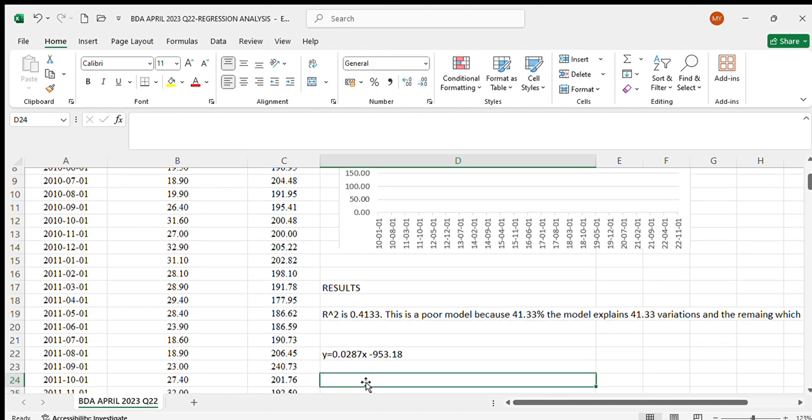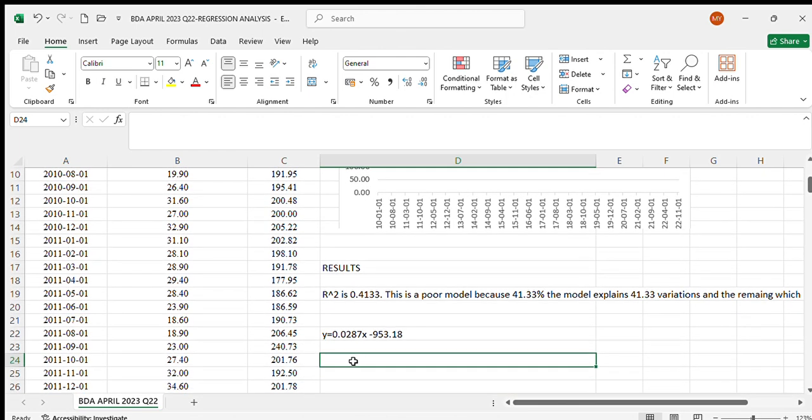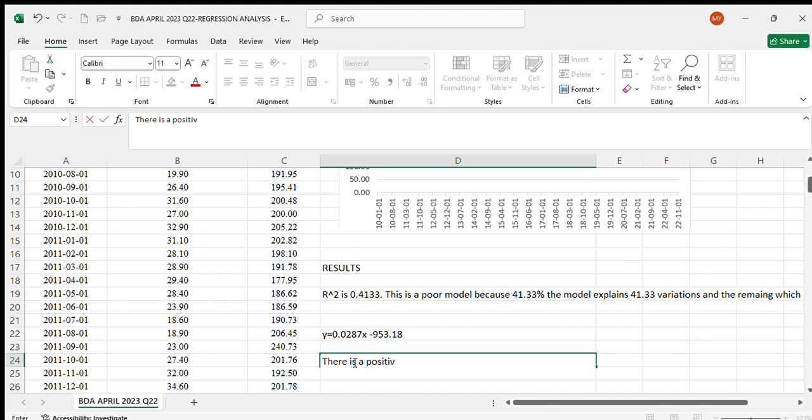So we can say there is a positive correlation between the variables. That is y, which is the dependent, the price, and x, which is the time.